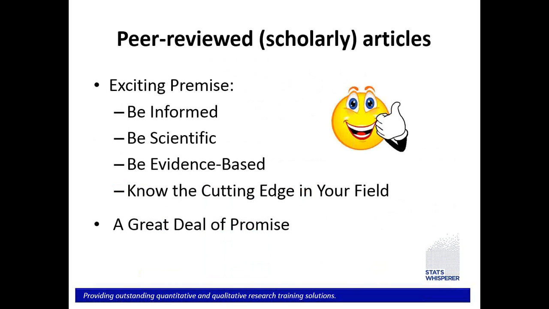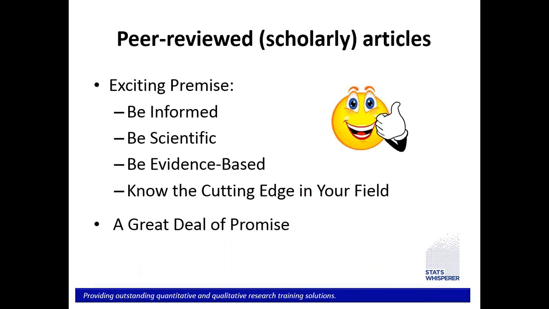It's a very exciting premise to have these peer-reviewed articles available to us, right? It gives us the chance to be informed. What are the latest findings? We're scientific, right? It uses statistics and science to identify these findings. We can actually base our decisions on evidence-based criteria because of these articles.